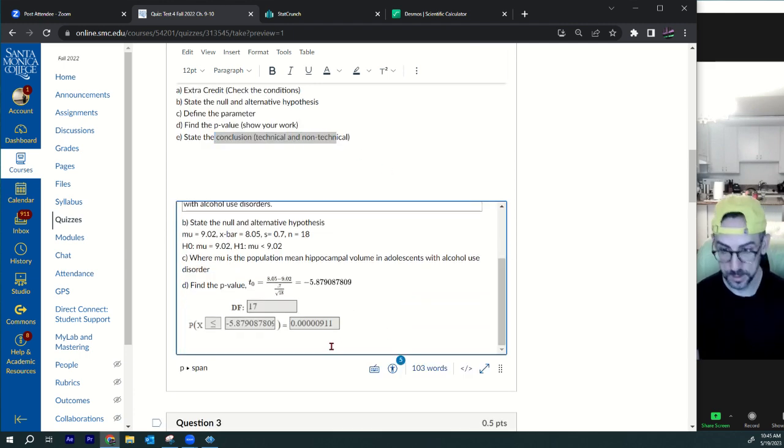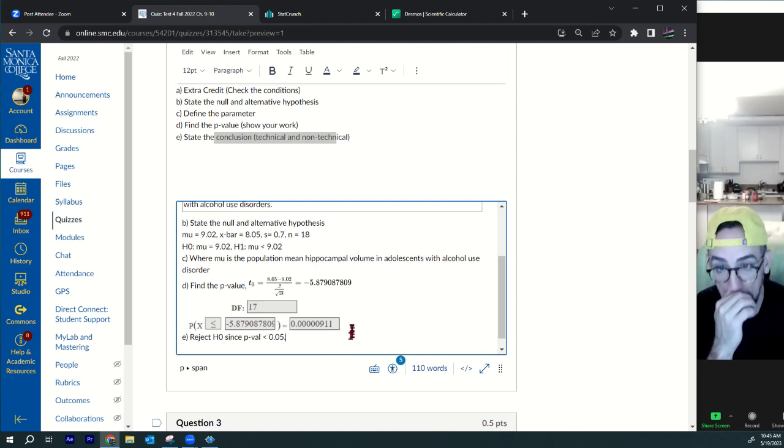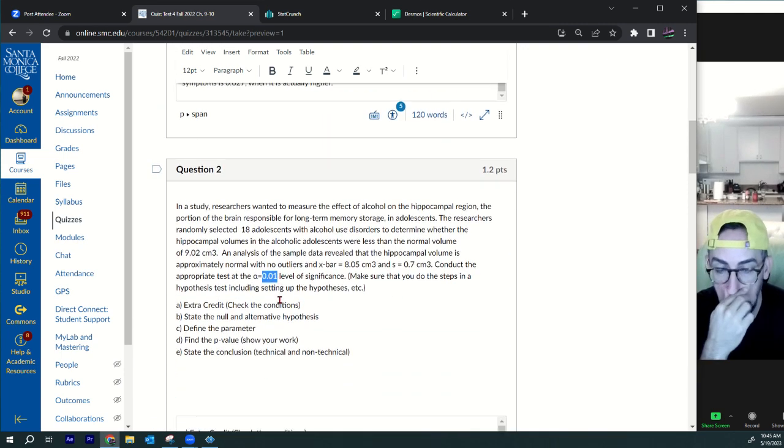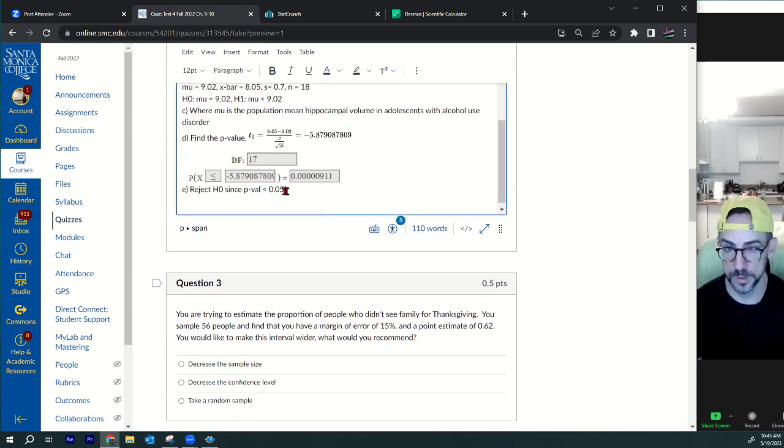Okay, hold on. So E. Reject H naught since the p-value is less than 0.05. Let's double check that it's 0.05. No, it's 0.01. Okay. So 0.01.